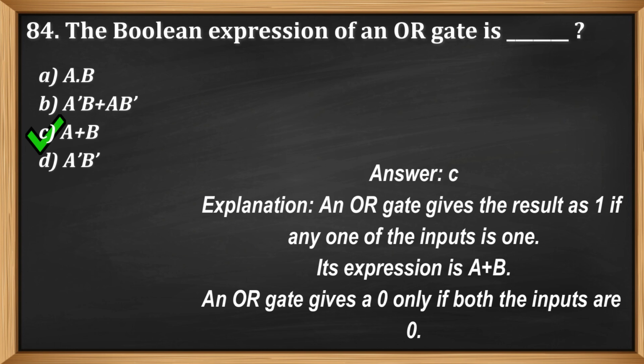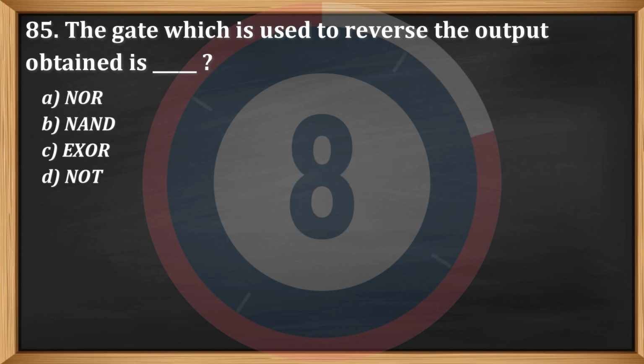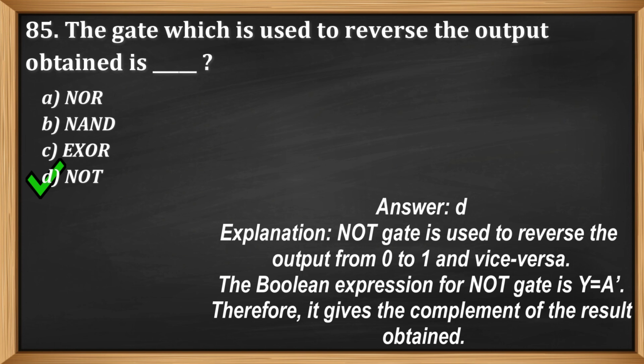The Boolean expression of an OR gate is option C, A plus B. The gate which is used to reverse the output obtained is option D, NOT.